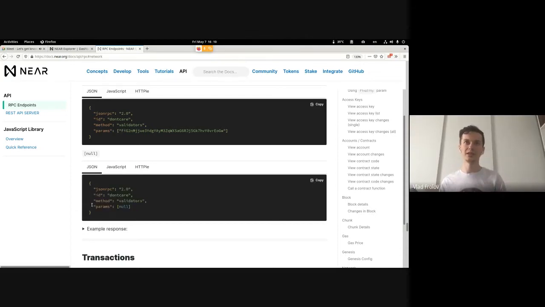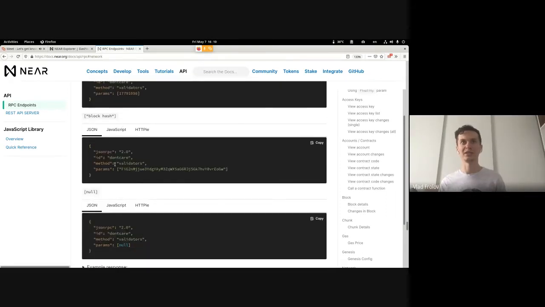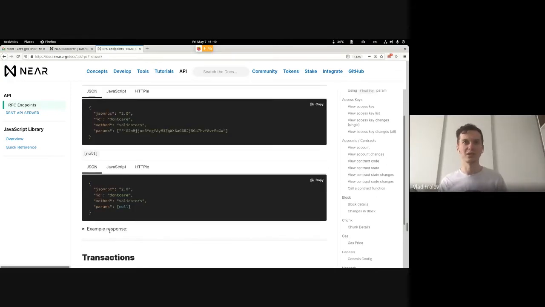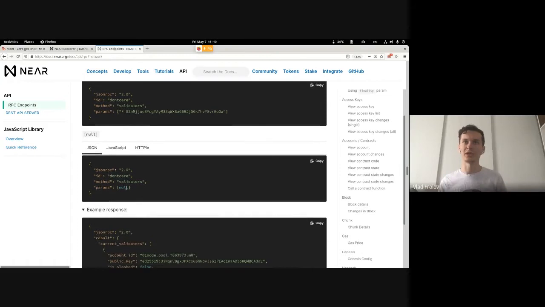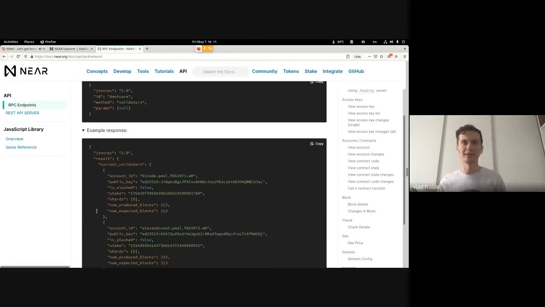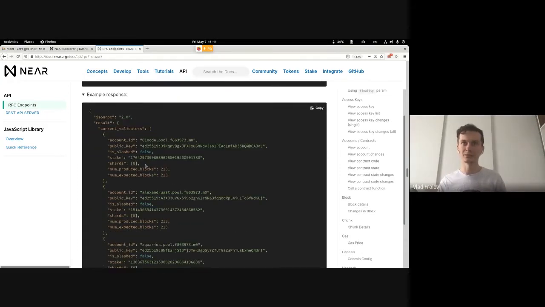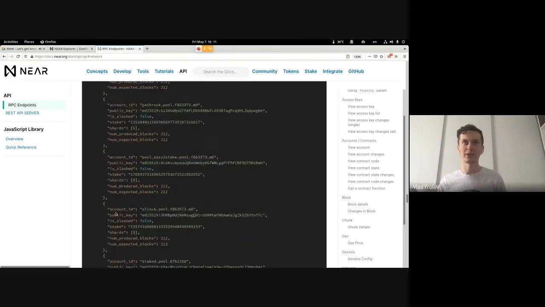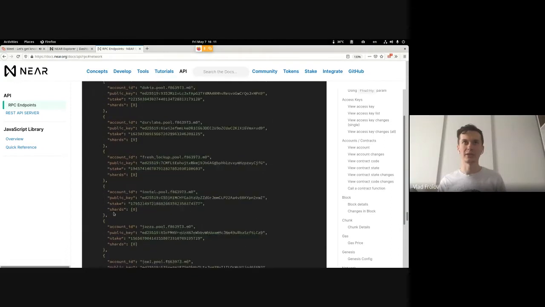This is a legacy style of queries. As you can see, it's not very intuitive what exactly that number or this string is, or whether you need to put null or an empty array. We'll refactor that later. But overall, null indicates latest, and then you receive information about the current validators. We'll cover validators a little bit later.